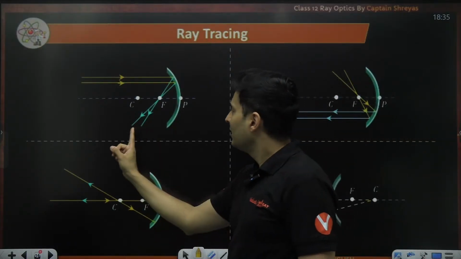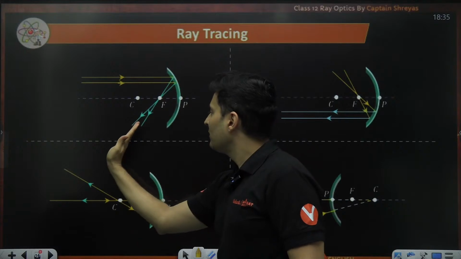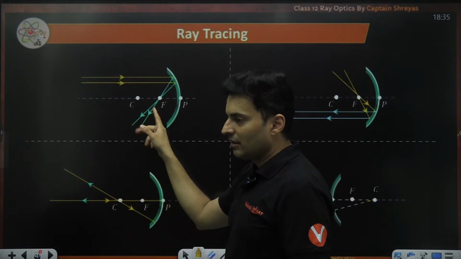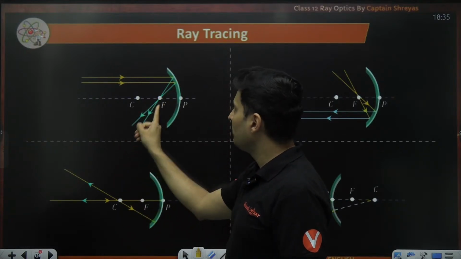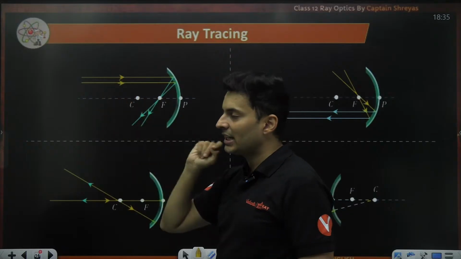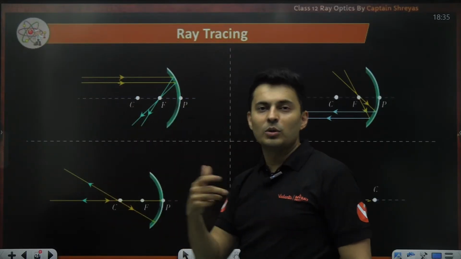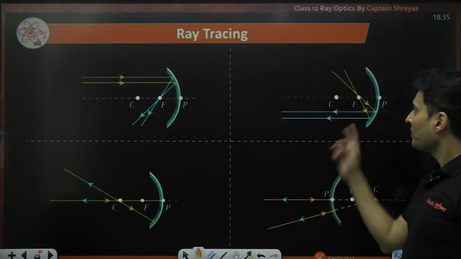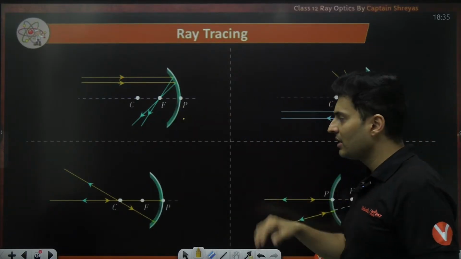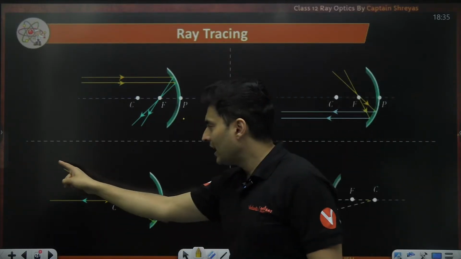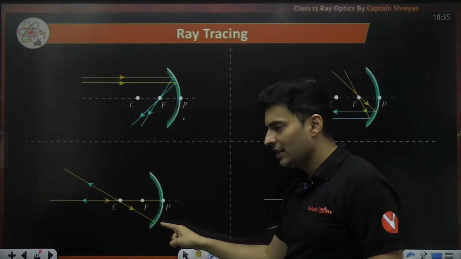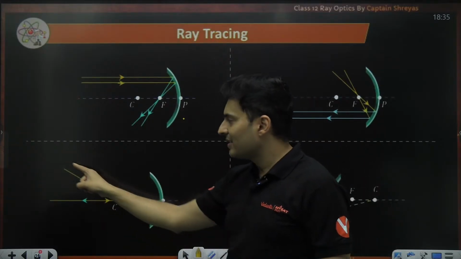Kind of makes sense. Imagine this same line. If the ray reverses the direction, the ray is going through the focus. After reflection, it will become parallel, because if it was incident parallel, after reflection, it will go through the focus. Making sense? So these are the first two basic rules. Another rule is, if a ray passes through the center of curvature, then it will retrace back the same path.